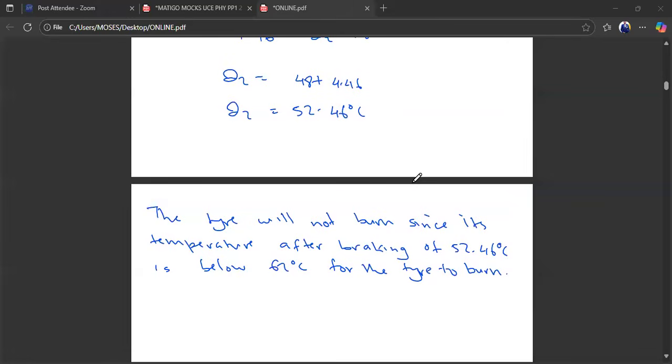The tire will not burn since its temperature after braking of 52.46 degrees is below 62 degrees for the tire to burn. Don't forget the conclusion because it carries a mark.